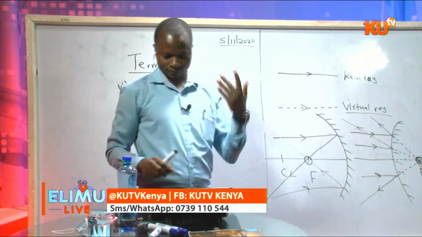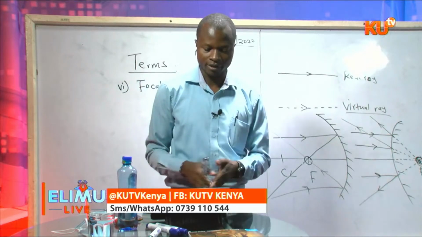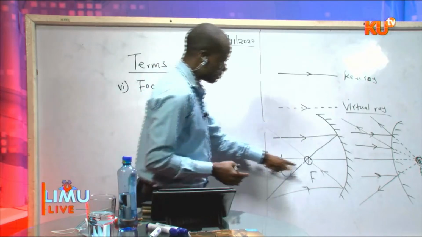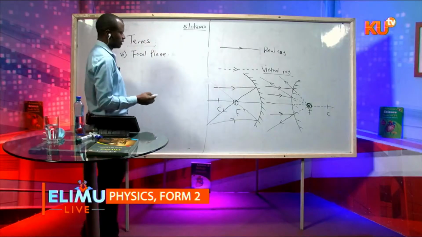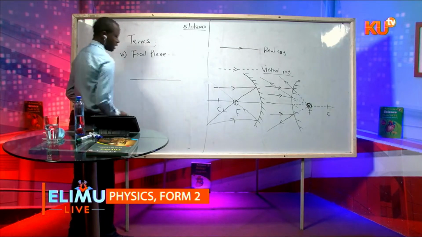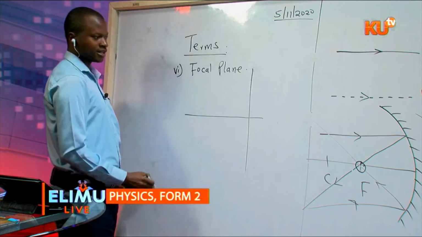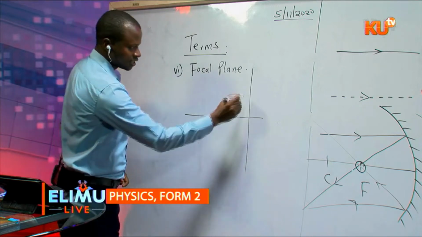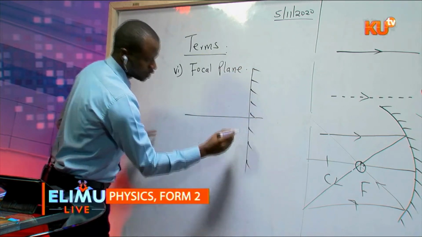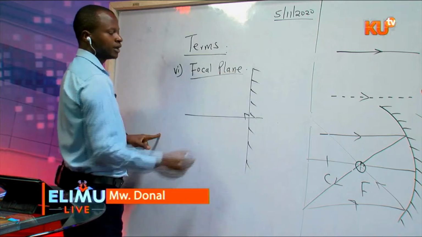A plane is simply the one that is perpendicular to the principal axis. The plane perpendicular to the principal axis is the focal plane. So when we are drawing ray diagrams, we shall represent the principal axis with a horizontal line and a vertical line to represent the focal plane. So this plane on this other side, the whole of this thing which is perpendicular to the principal axis, is what we are calling the focal plane.